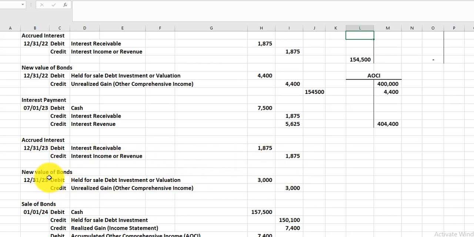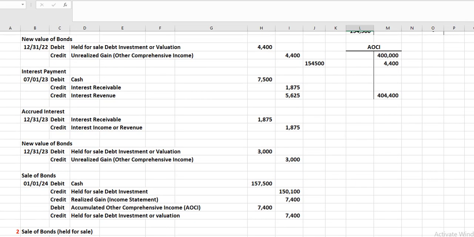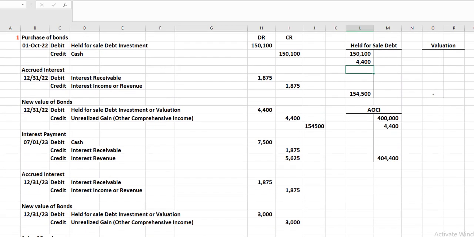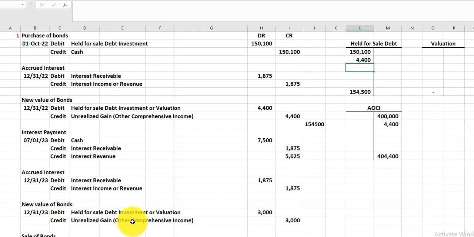So the thing we're focused on is that new value of the bonds. The bonds went up by another $20 per bond. So 150 bonds, $20. We're going to increase 3,000 and have an unrealized gain, which, as I put in parentheses, is part of other comprehensive income, because this is a held for sale debt security.